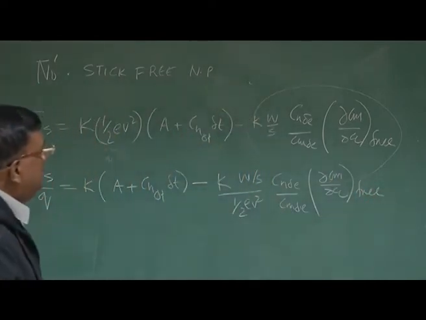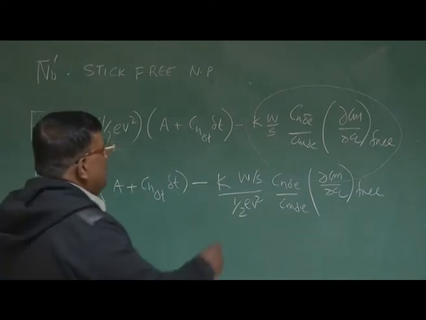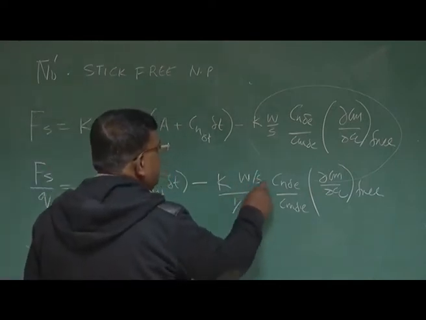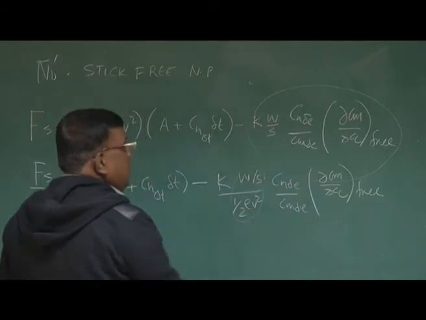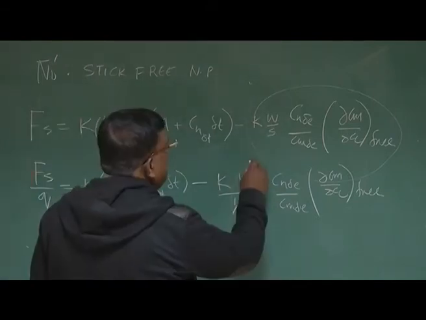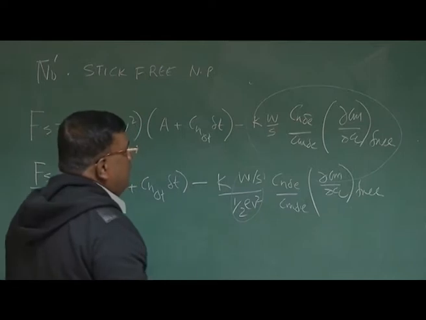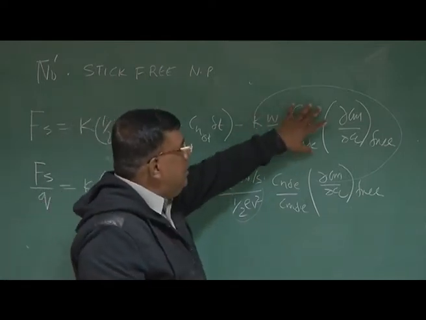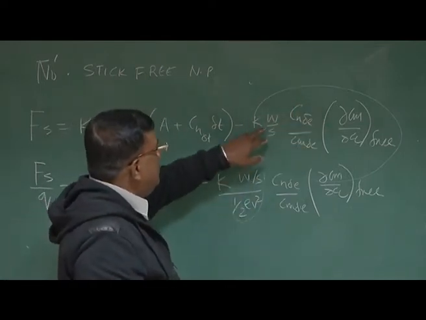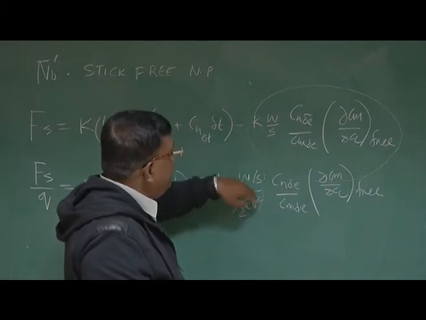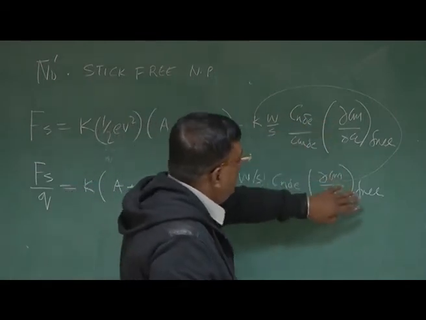Right? And you could see here W by S by half rho V square is nothing but CL. I have divided this term also by half rho V square.